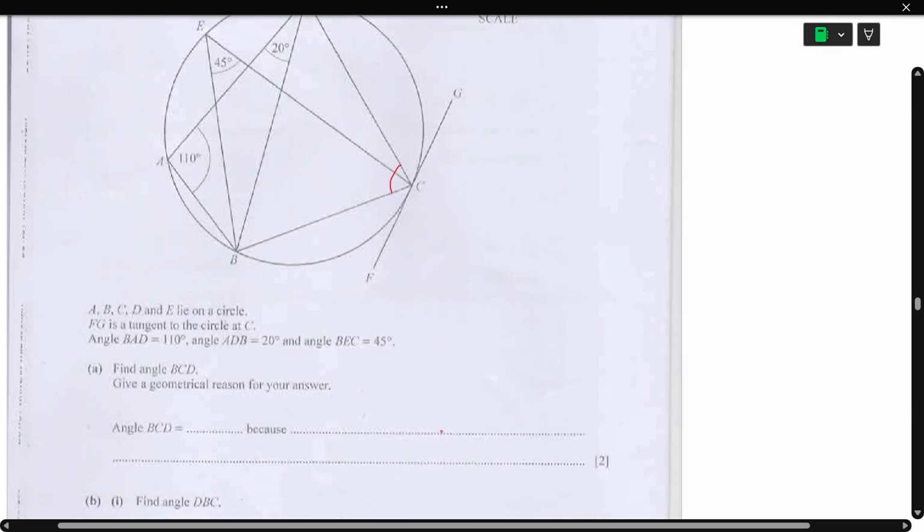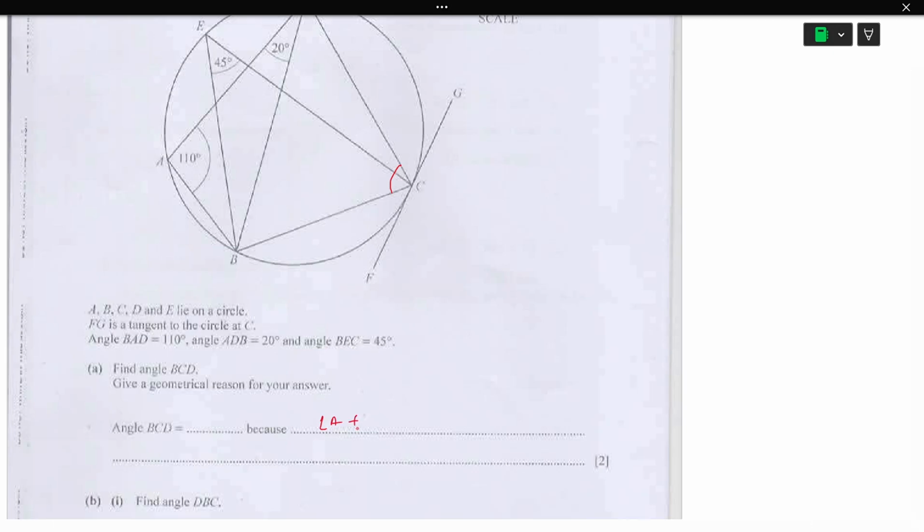So angle A plus angle C equals 180 degrees because it is a cyclic quadrilateral. In a cyclic quadrilateral the opposite angles sum to 180 degrees. So here it is 180 minus 110, which is equal to 70. So the answer is 70 degrees.